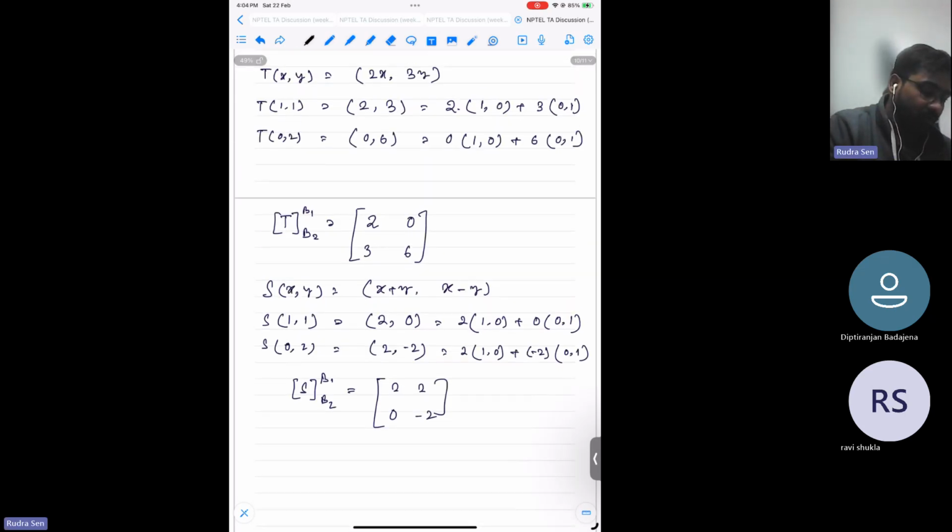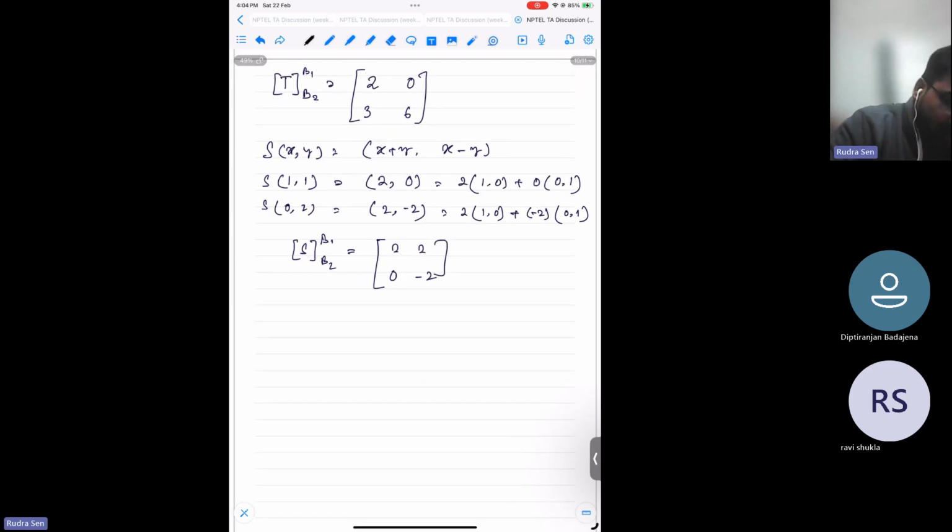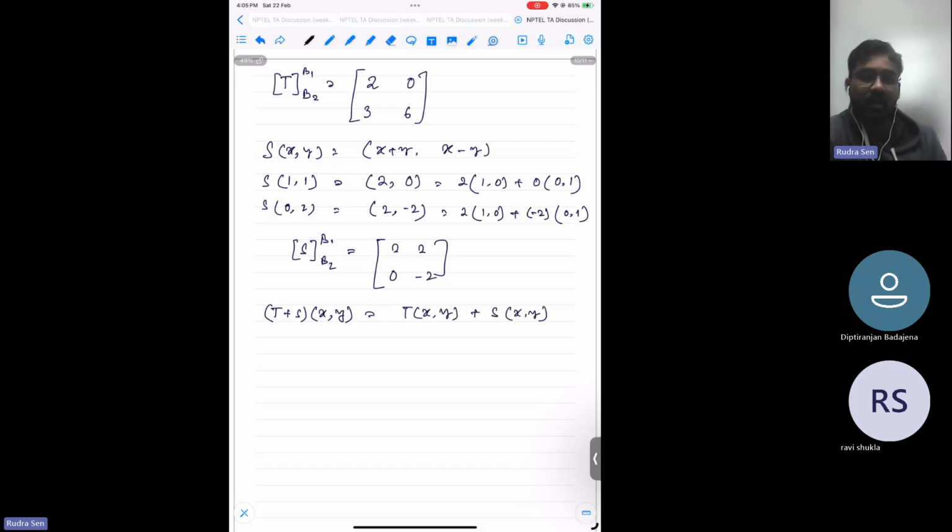Now we have to show that (T + S)(x, y), according to the linear property, should be T(x, y) plus S(x, y), because we know that T and S both are linear.